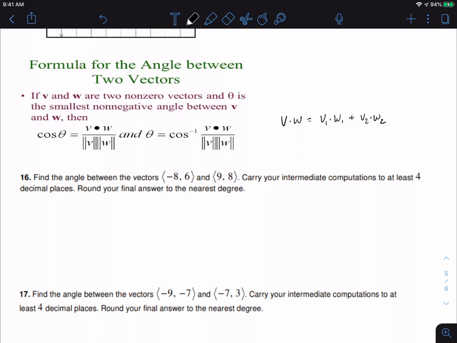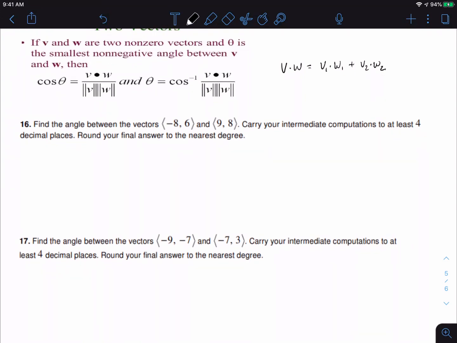The magnitude is just taking what we've done, right? Squaring each of the components and then taking the square root of them. So let's do an example and you guys can see from there and we'll be able to go. All right. So my vector v is going to be negative 8, 6. My w vector is going to be 9, comma 8.